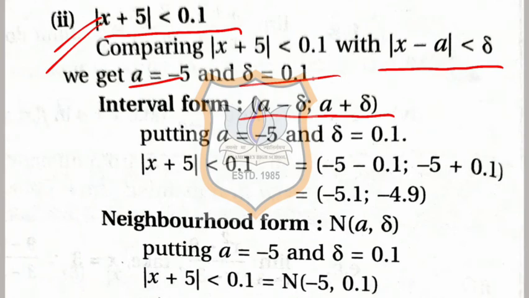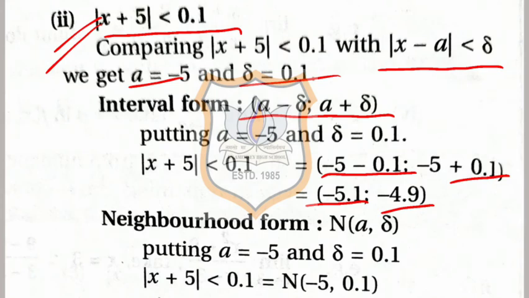So when you substitute over here, we will have minus 5 minus 0.1 to minus 5 plus 0.1. Minus 5 minus 0.1 will be minus 5.1 and minus 5 plus 0.1 will be minus 4.9.